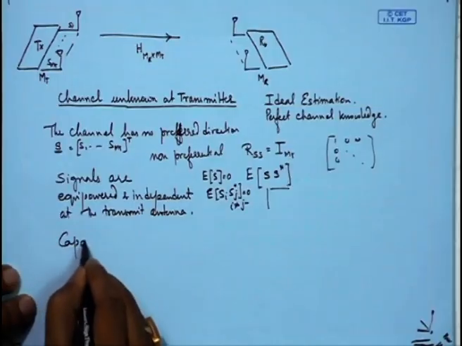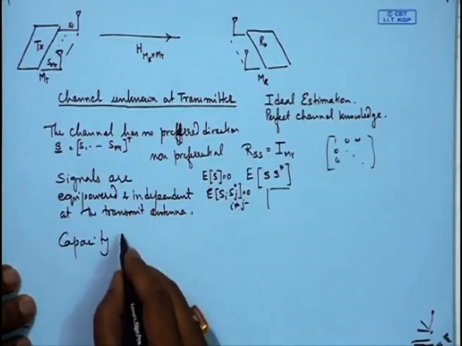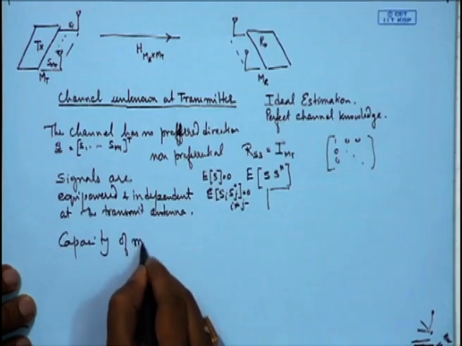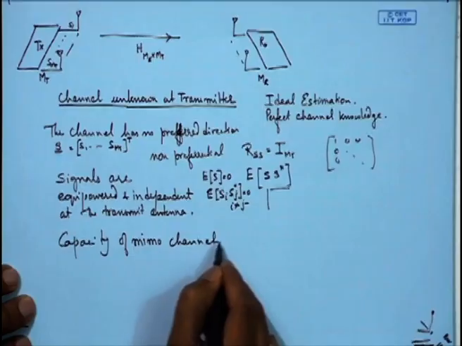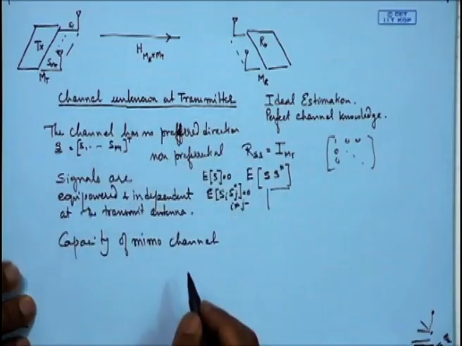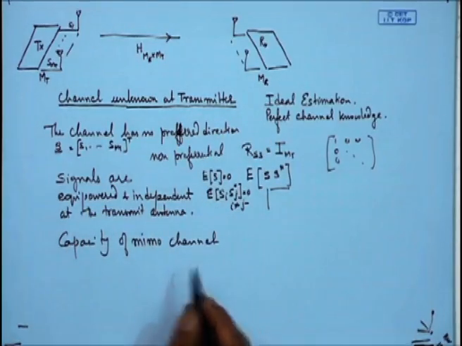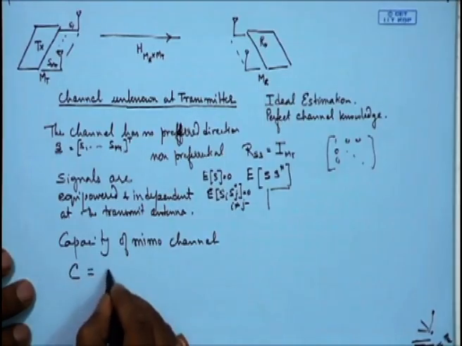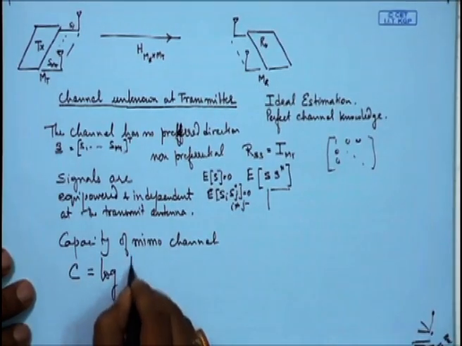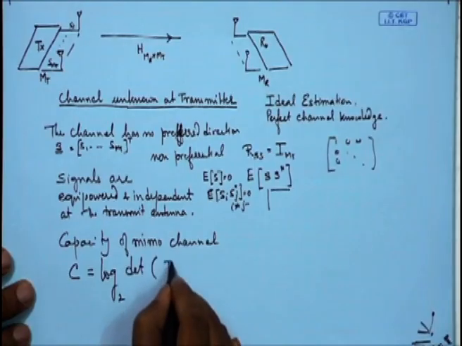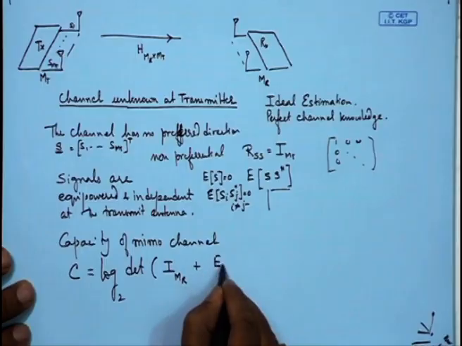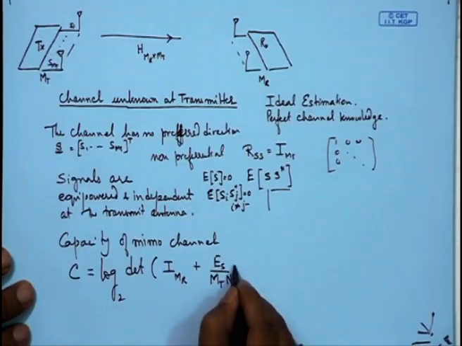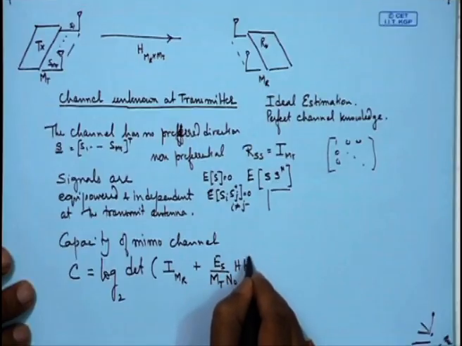So when we look at the expression of capacity, which we had done in the previous lecture, capacity of a MIMO channel, of course we are doing in the case where channel knowledge is not available at the transmitter, we would write C is equal to log of the determinant of I MR plus ES upon MT N naught H H Hermitian.